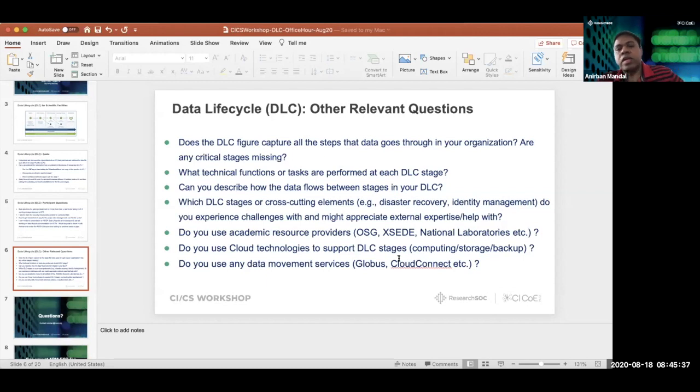I encourage you to go to the CICOE pilot website to get more resources, pointers, documents and links related to data lifecycle. We did have a paper at PERC on this, which has a lot more details and examples for data lifecycle, mostly from the large facilities viewpoint. So I would encourage you to read that paper.